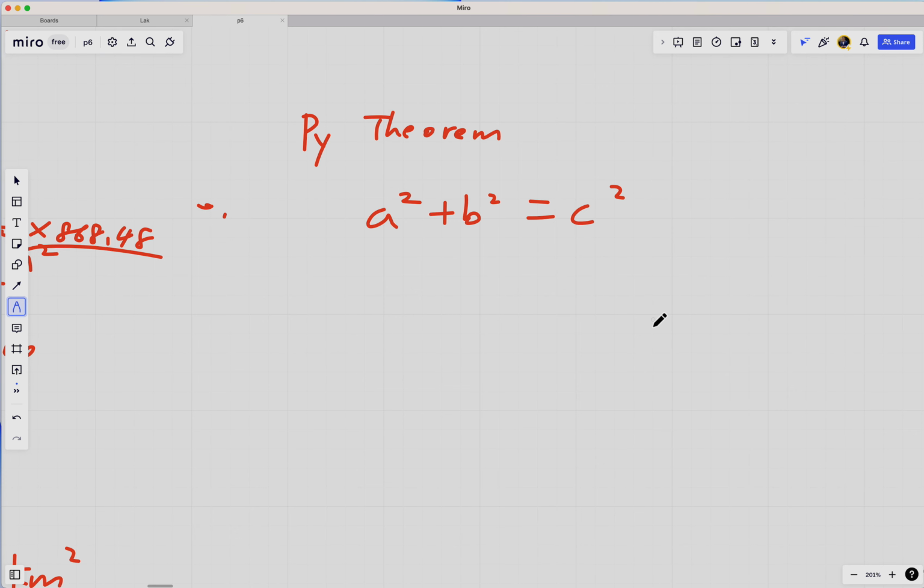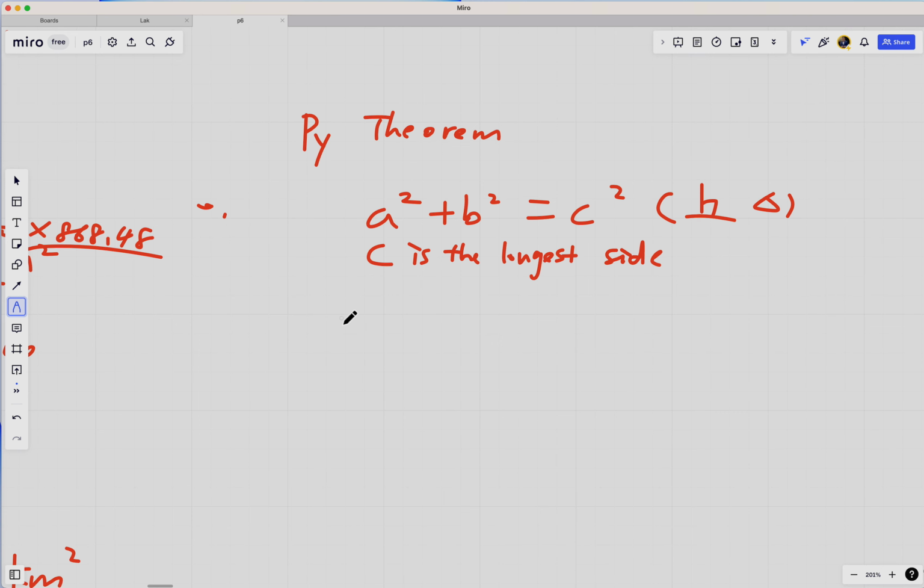The most important thing is this is for right-angle triangles only, not other triangles. And by the way, c is the longest side, and for a and b, it doesn't matter.